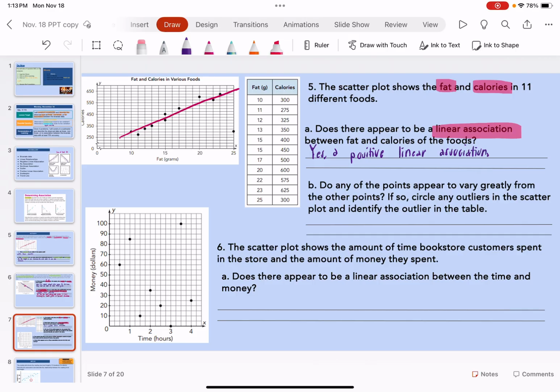Okay, B is saying, do any of the points appear to vary greatly from the other points? And then it says, if so, circle any outliers in the scatter plot and identify the outlier in the table. Okay, so the outlier, if we remember from the definition that we went over at the beginning, is the point or the ordered pair that stands out or is away from the rest, right? So we do have that right here.